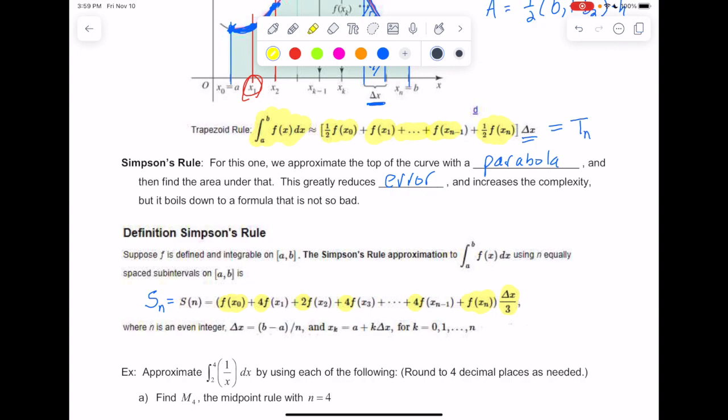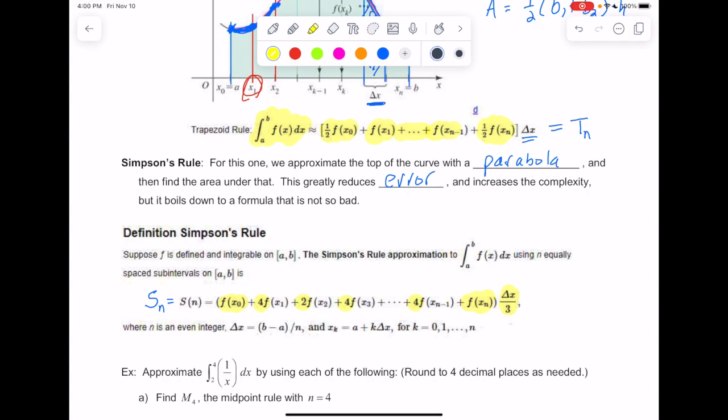It actually is a kind of 1-4-1 pattern, but again, the right of the first parabola lines up with the left of the second parabola, and so even though they're both a 1, they add up to give you the 2. You don't have to really work through all that detail, but you just have to remember that it goes 1-4, and then it goes 2-4, 2-4, 2-4 all the way through until you get to the very end, and the last one is a 1 again, because the first one and the last one aren't doubling up, so that's the reason.